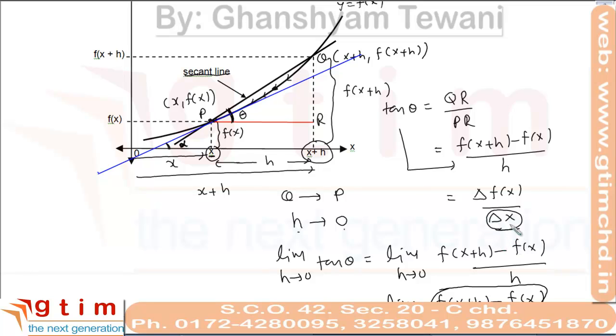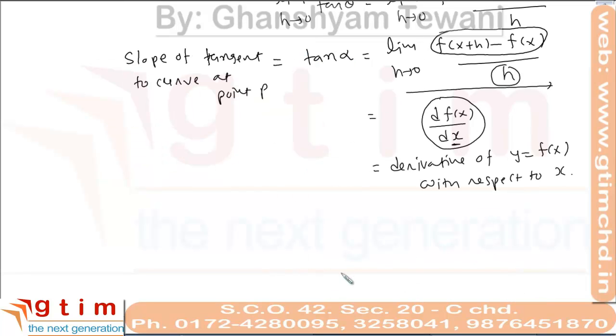When h is approaching 0, or delta x is approaching 0, this ratio becomes df(x) by dx, which is called the derivative of the function with respect to x, and we get the derivative by this formula. So the derivative of a function is actually what? The slope of the tangent to the curve at point P.